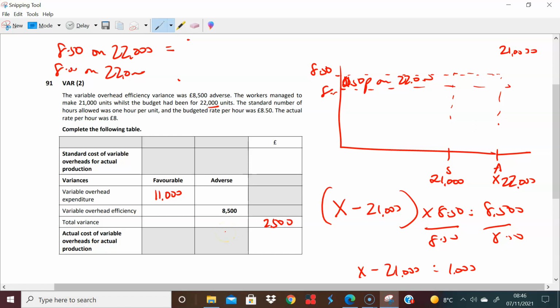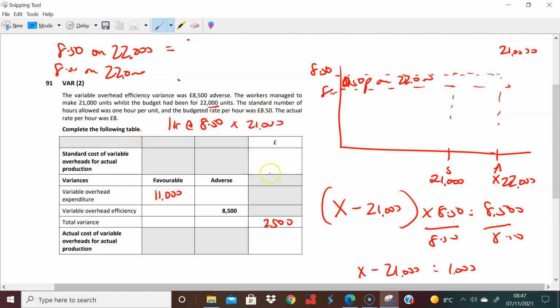Let's look at what we're dealing with in terms of just getting the standard. This hasn't changed; it's all about standards. I expect you to use 1 hour on each unit at £8.50, and we're dealing with 21,000 units.